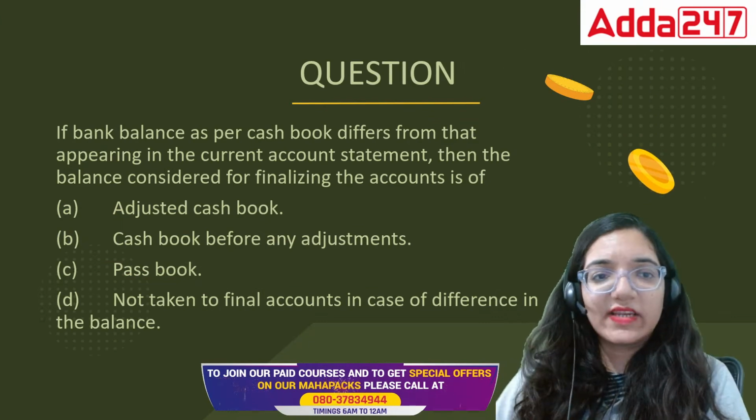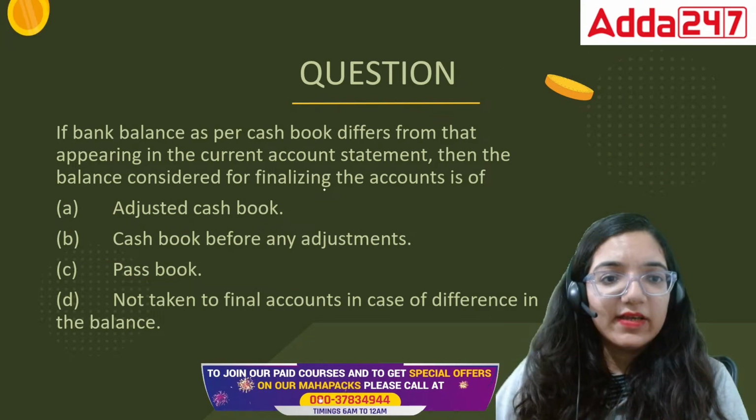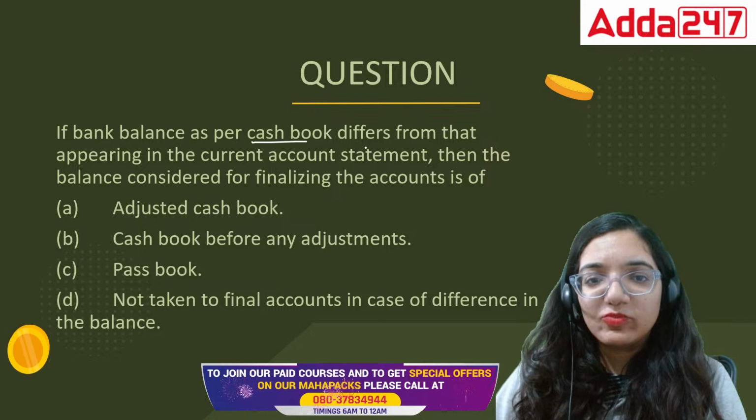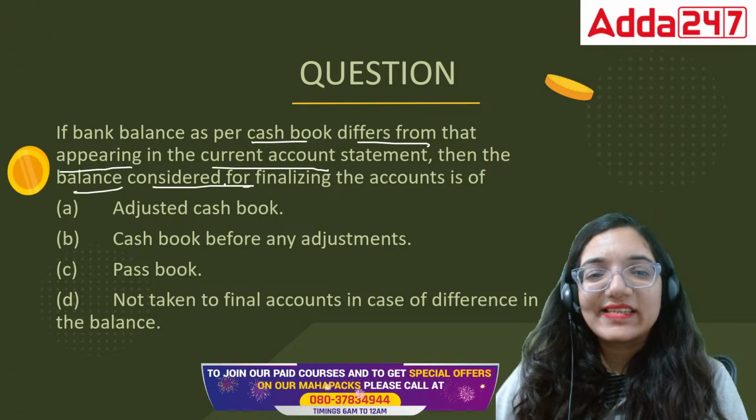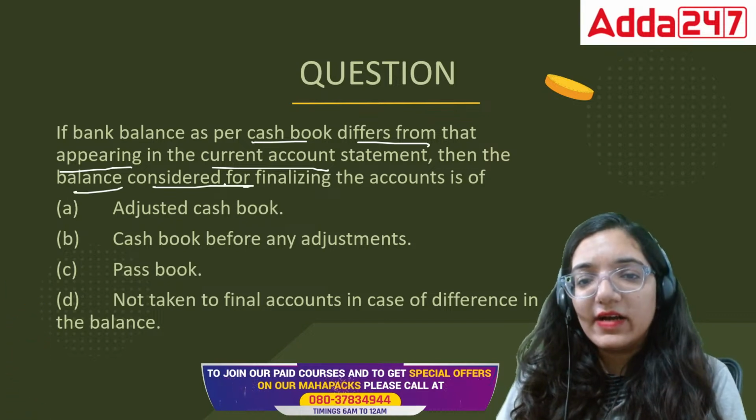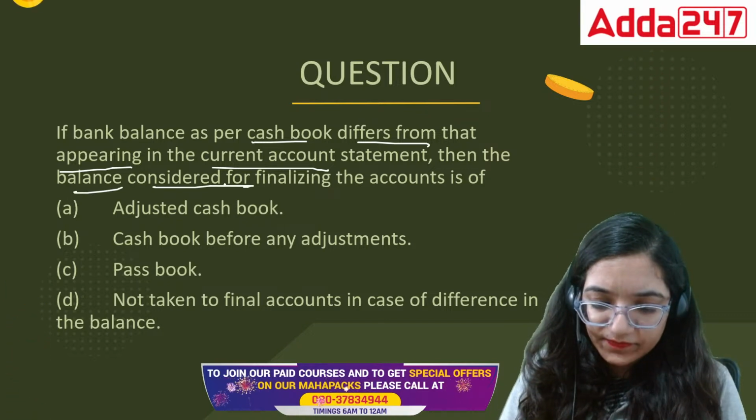This question is directly taken from the area of BRS, everyone. If the bank balance as per cash book differs from the balance appearing in the current account statement, then the balance considered for finalizing the account is of what?